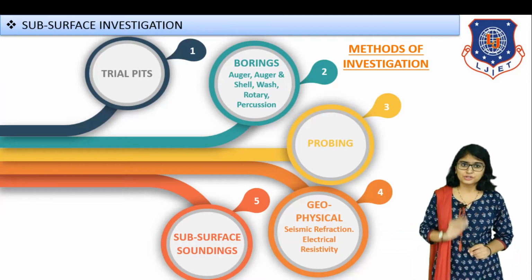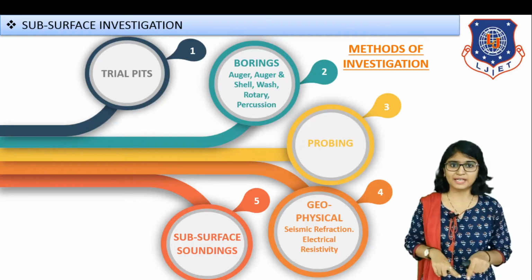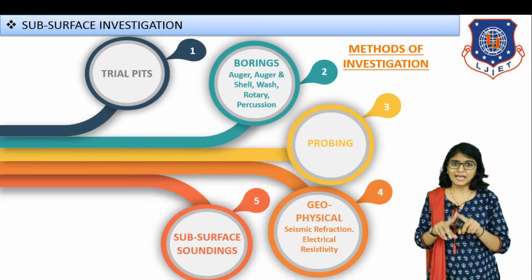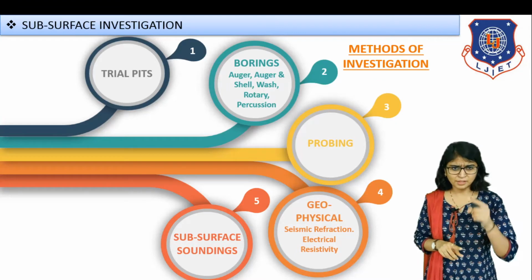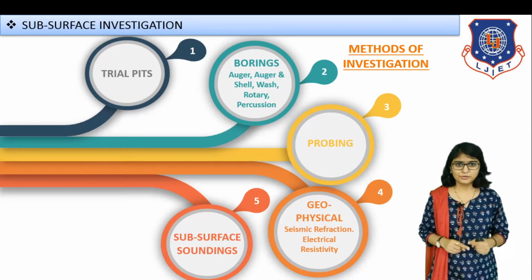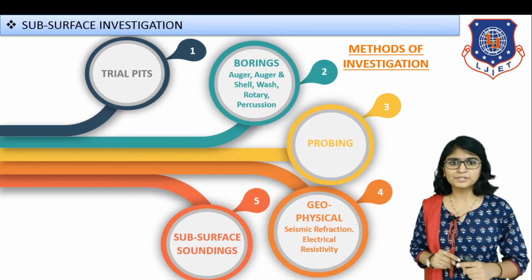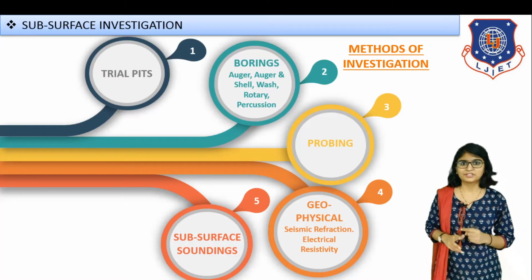Next are the geophysical methods. I had said that if you want to cover a large area, the basic methods may prove to be less economical, and in that case you will use geophysical methods. We have different types of geophysical methods, we shall discuss the same.